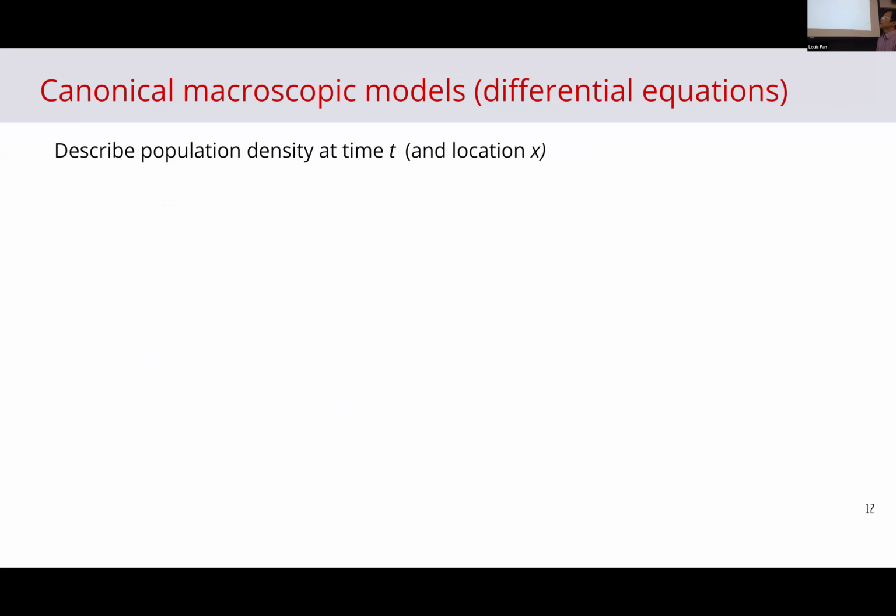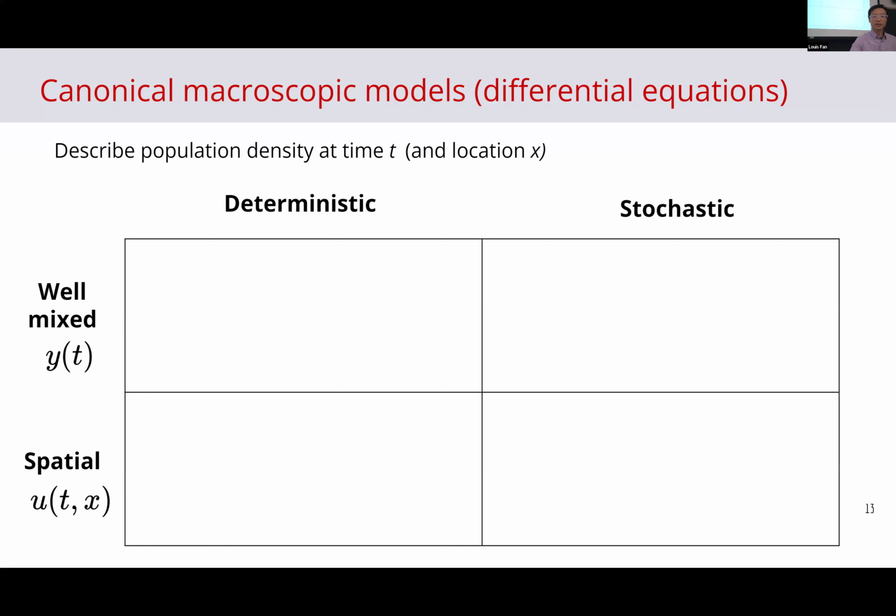So let me talk about the macroscopic approach. By the way, feel free to interrupt if you have any questions or anything is not clear. So what are the canonical macroscopic modeling approaches for population dynamics? We describe a population density at time t and location x.